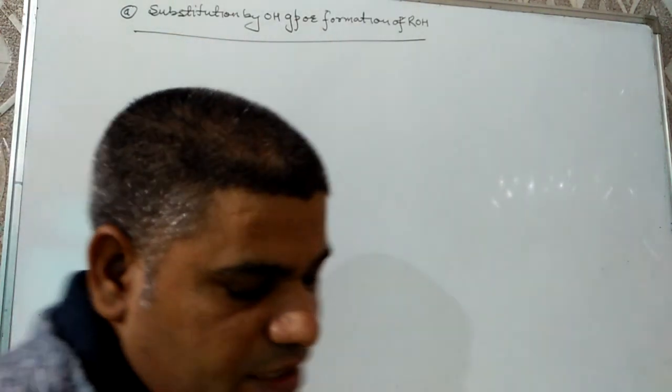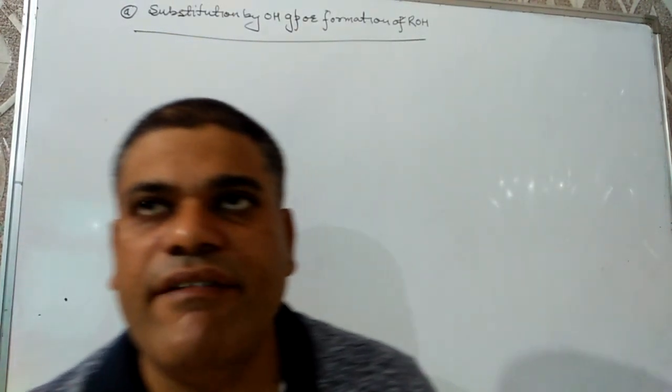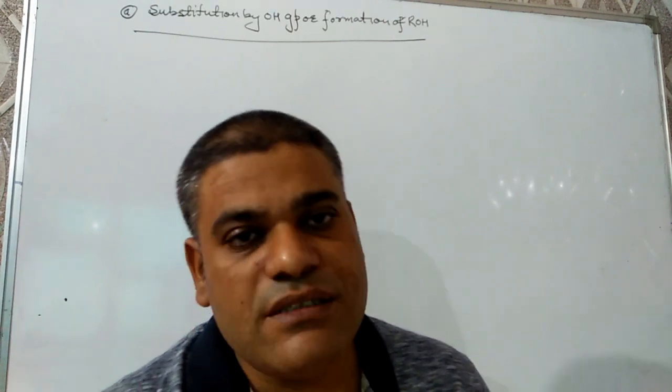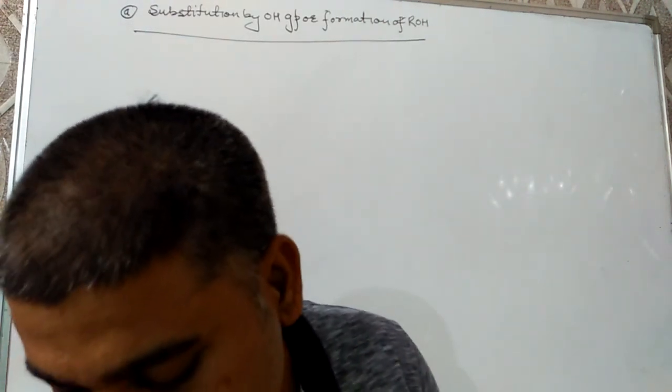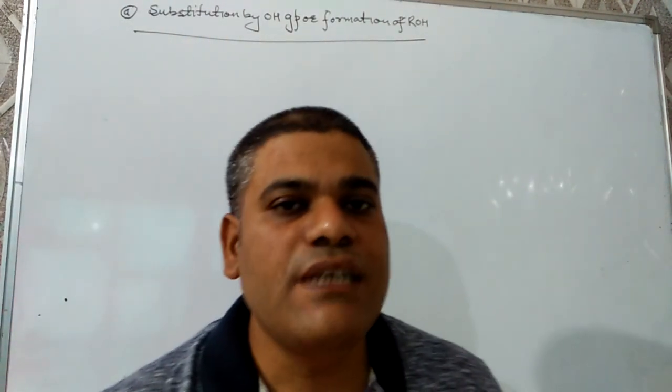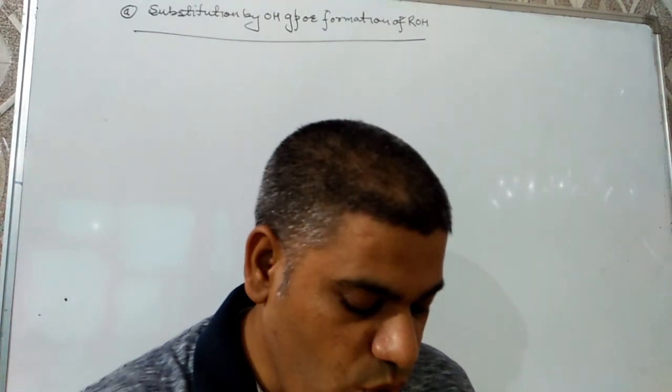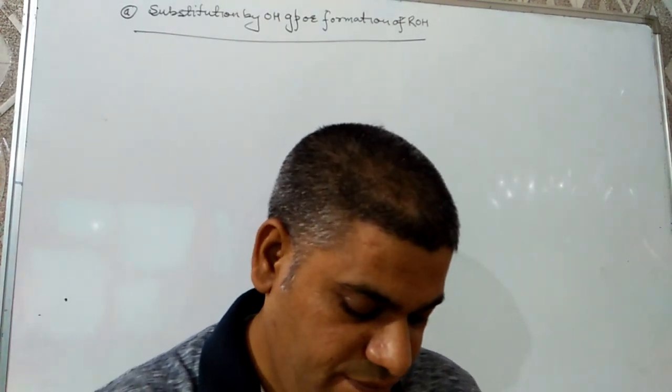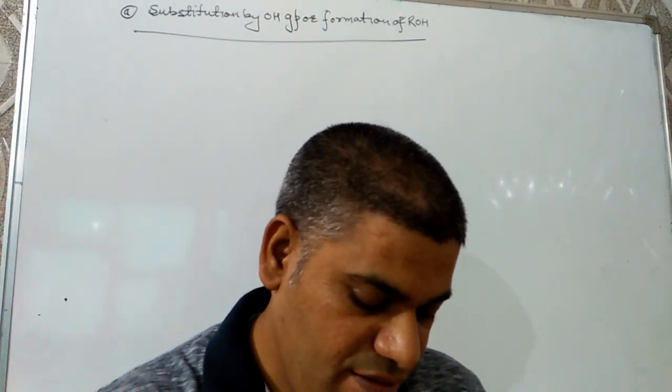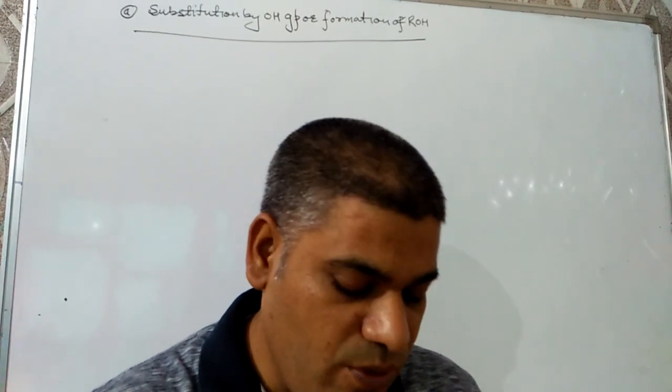Here I have mentioned when haloalkane reacts with aqueous sodium hydroxide, aqueous potassium hydroxide or moist silver oxide, then the product formed will be alcohol.